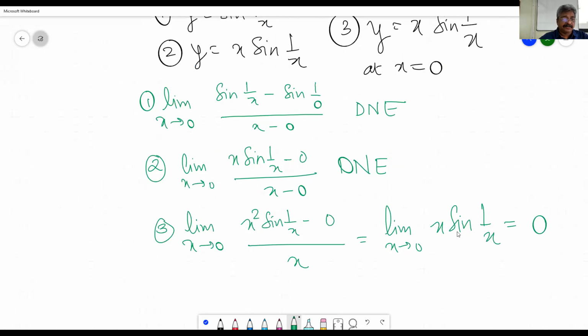Now, whether you define the function equal to 0 at x is equal to 0 or not, you will have differentiability at that point. Is this statement correct?